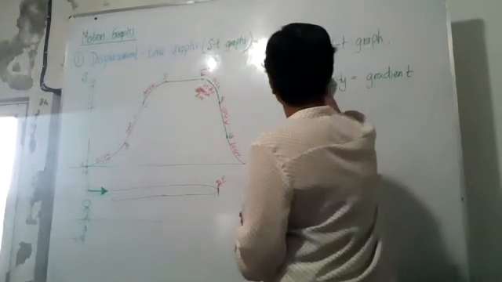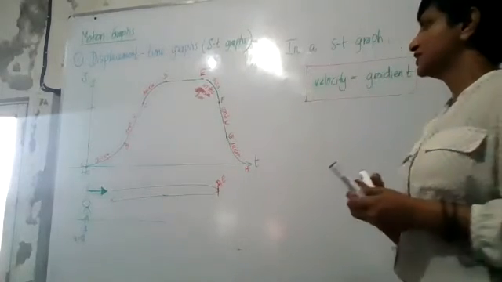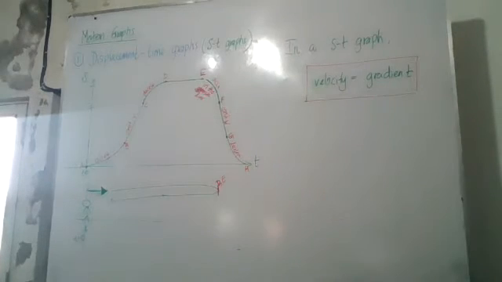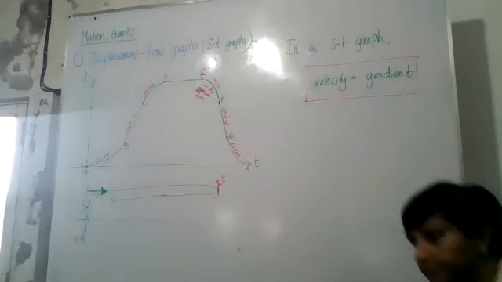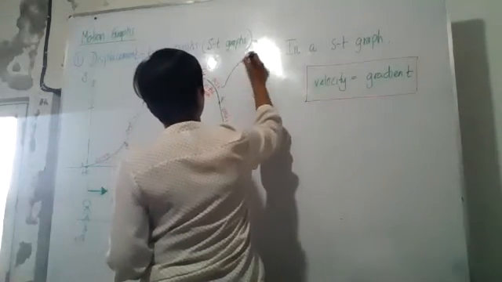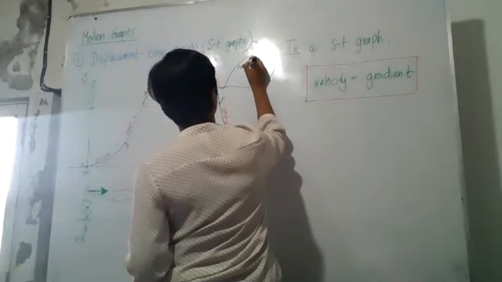The main thing you have to know: just by studying the slope, what's happening to the slope, you can explain everything. And I put this in a bubble, negative slope.